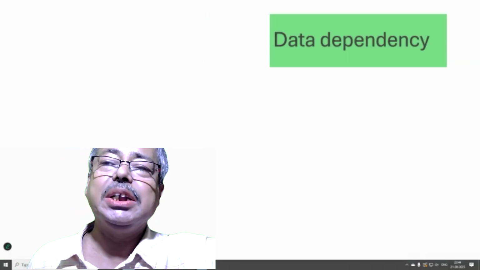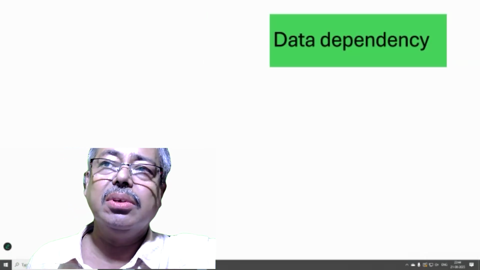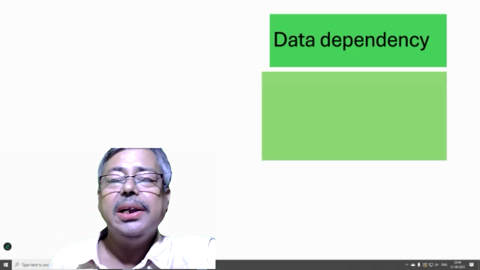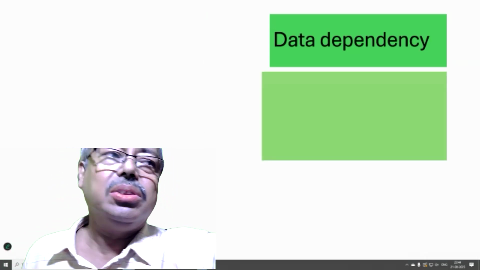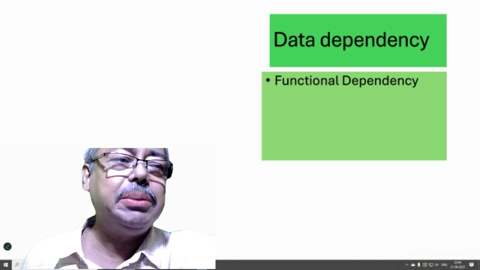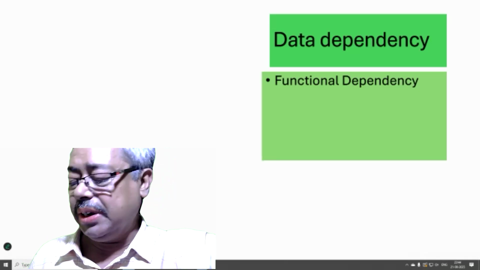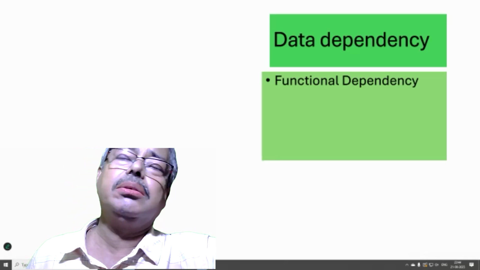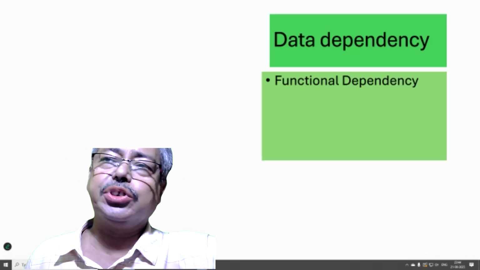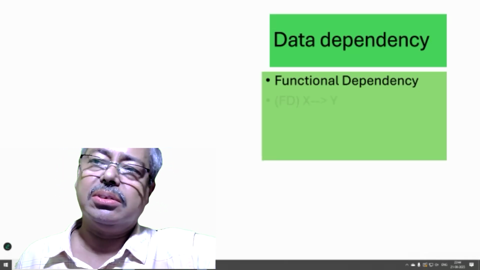Another is data dependency. Data dependency is a key factor of the relational database management system. Data dependency here is functional dependency, FD. Functional dependency is a mostly required portion of the RDBMS.